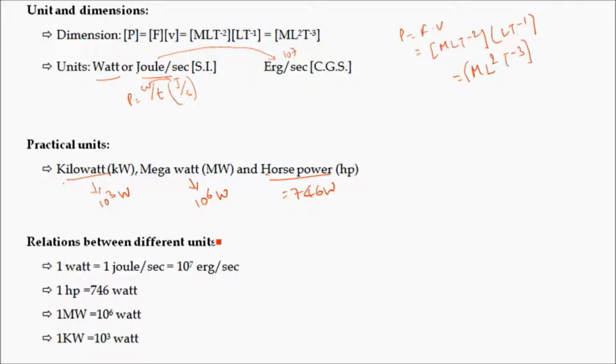So we will learn the relation between different units. 1 watt is 1 joule per second and is equal to 10 to the power 7 erg per second, while 1 horsepower is equal to 746 watt, and 1 megawatt is equal to 10 to the power 6 watt. 1 kilowatt is 10 to the power 3 watt. So you just remember these formulas, these are very important.